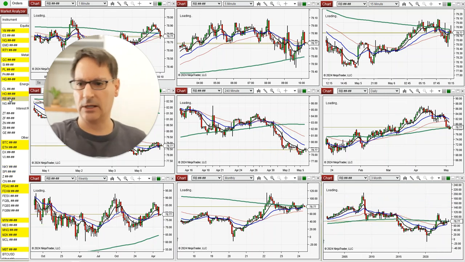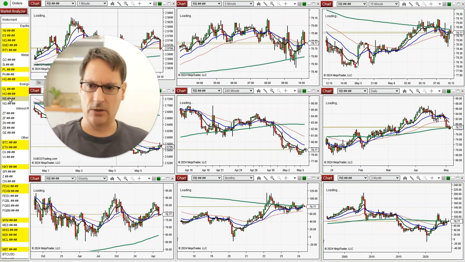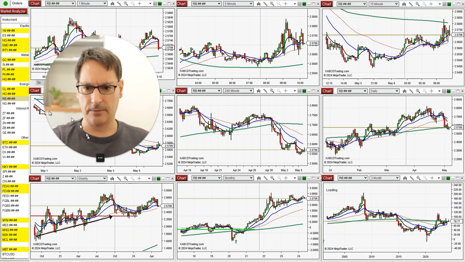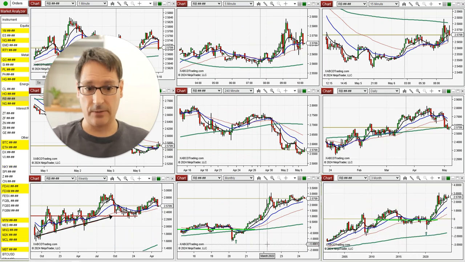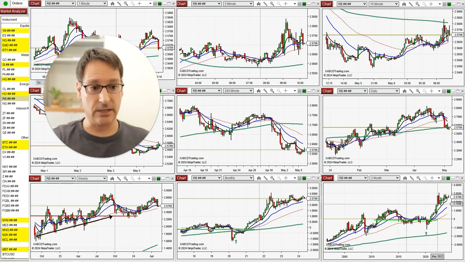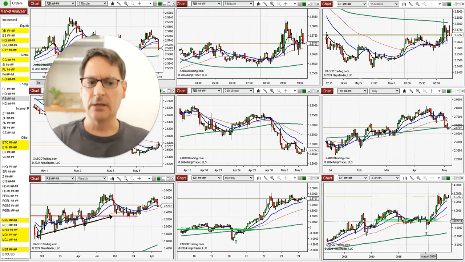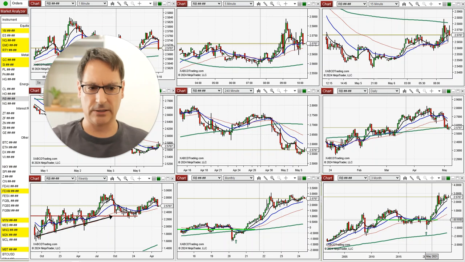Now let's have a look at gasoline, RB, the RB contract. The RB contract has already made, right? This was the entry signal back then, and it has made a nice move. It has broken to a new high, a consolidation high. So these types of moves we're actually looking for, right? For the metals and as well for the energies.